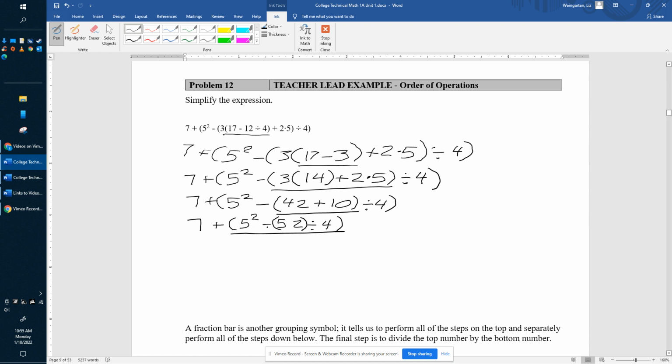We have an exponent, we have subtraction, and we have division. According to our order of operations, we have to do the exponent first. So we're going to have 7 plus, in parentheses, 25 minus 52 divided by 4.